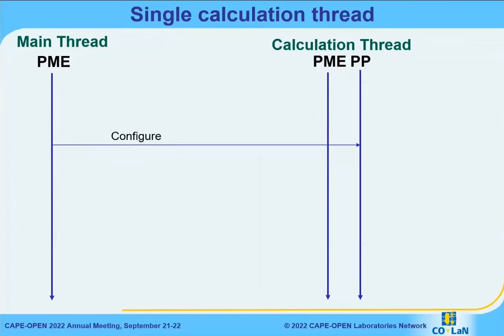So another approach that we see in PMEs that are out there is essentially that there is one single calculation thread, and the application is essentially single-threaded, but the calculation thread is not actually the windowing thread. So in the calculation thread, the PMC, in this case again a property package, is alive, and from the main thread the user might want to configure the property package. So the main thread makes a call into the calculation thread to configure the PMC.